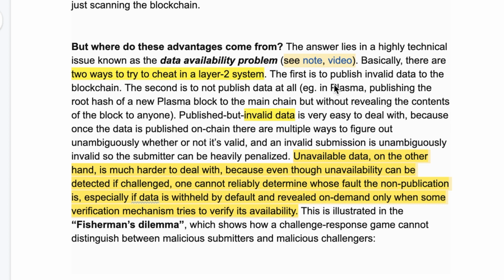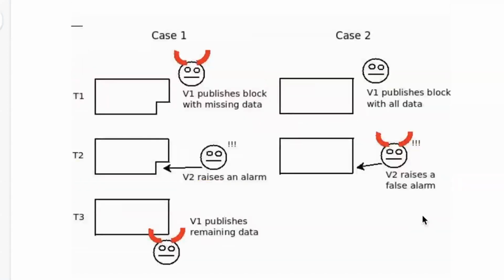problematic that can be. Now, here we've got a nice image with the Fisherman's Dilemma, and here it's highlighted the two problems that we've got. So first of all, in case one, we've got the issue that V1 publishes block data with missing data. So that would be the unavailable data.